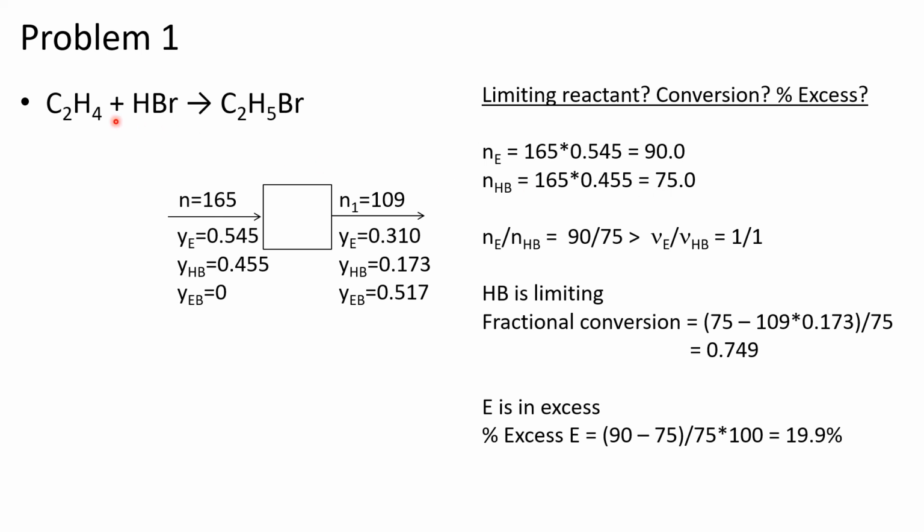We need 1 mole of ethylene for every mole of hydrogen bromide, so 75 moles of hydrogen bromide needs 75 moles of ethylene. So we take the ethylene fed, subtract the 75 needed, divide by 75, and multiply by 100 to convert the fraction to a percent. You find it's almost 20%, 19.9%.